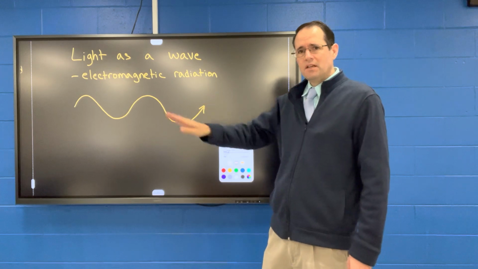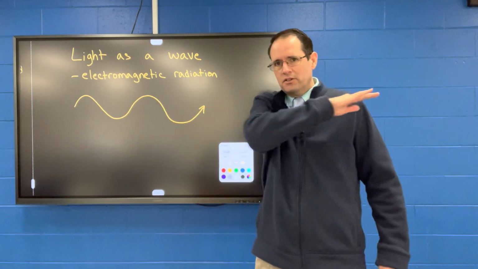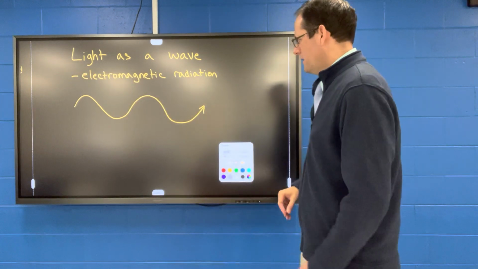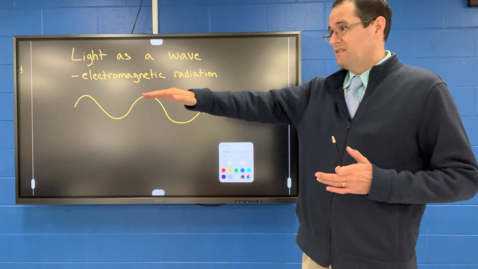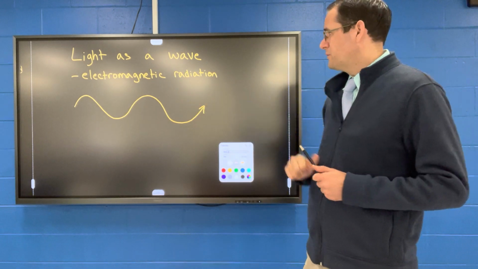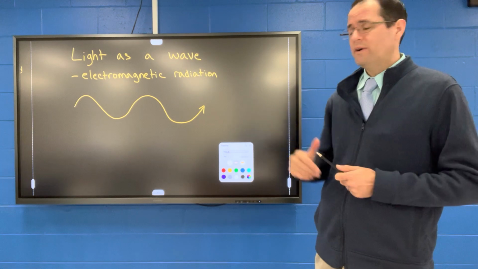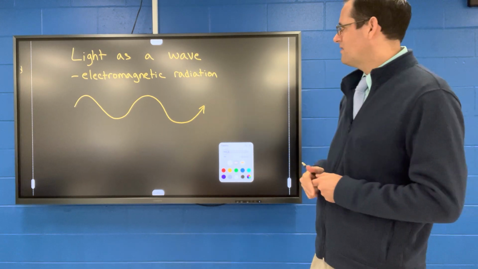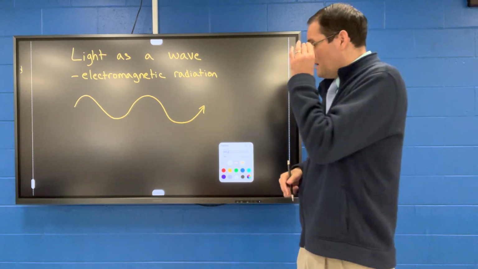So there's a certain wavelength of light that's passing through the air, and a certain frequency of light that's passing through the air as it goes from one point to another. So that kind of represents the wave.